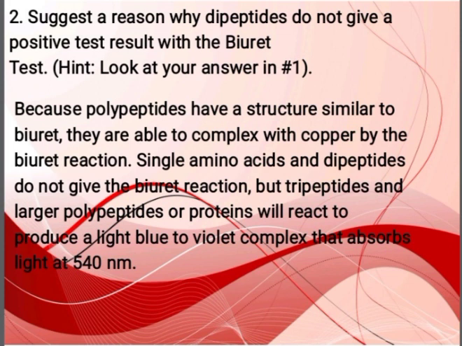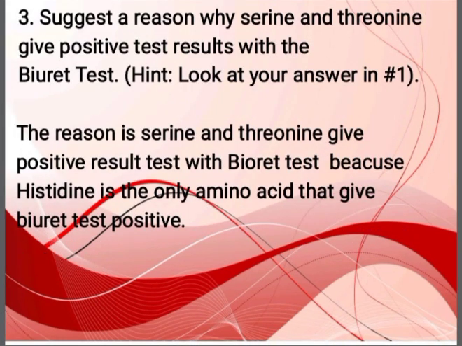Single amino acids and dipeptides do not give the biuret reaction, but tripeptides and larger polypeptides or proteins will react to produce a light blue to violet color that absorbs light at 540 nm.